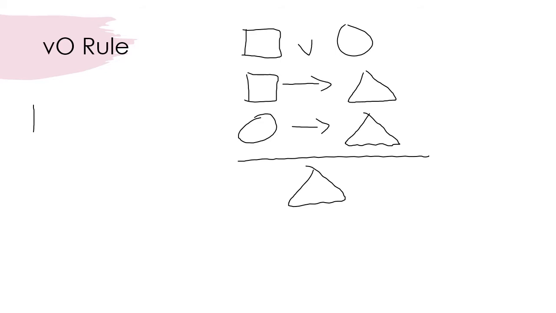But if you have P wedge Q and you're looking to prove, let's say, T, you'll have a couple other premises that get to it.